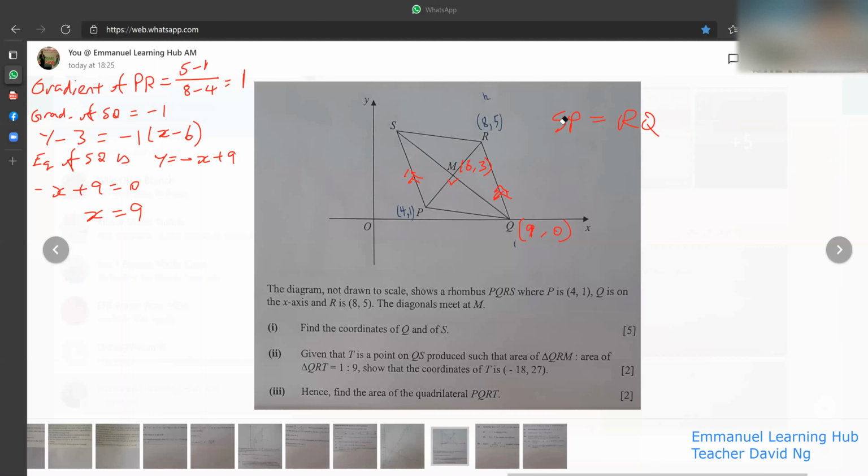So since the length is the same, the translation of P to S is the same translation from Q to R.